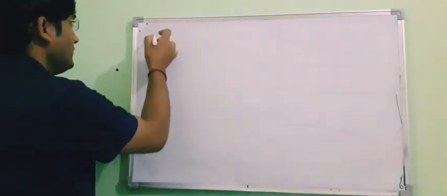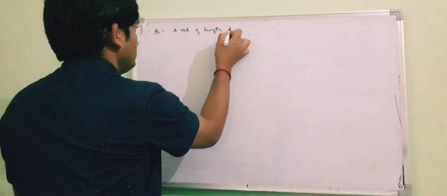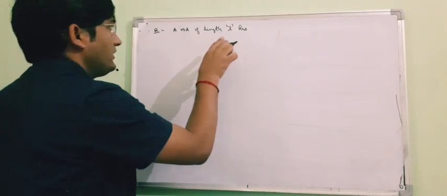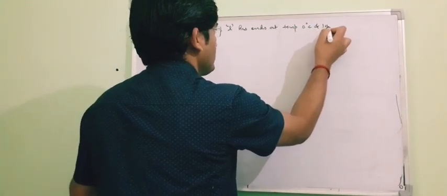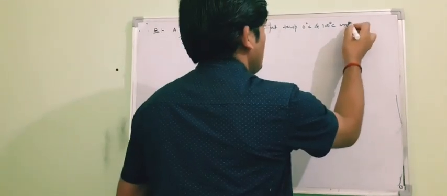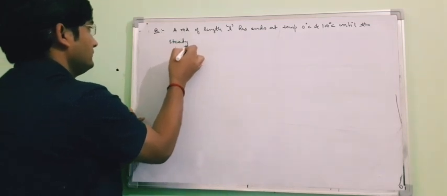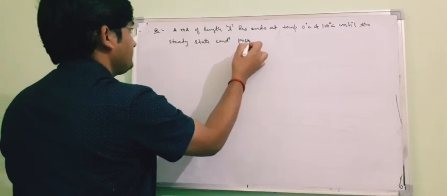Question number 2. Suppose that a rod of length L has ends at temperature 0 degree centigrade and 100 degree centigrade until the steady state condition prevails.